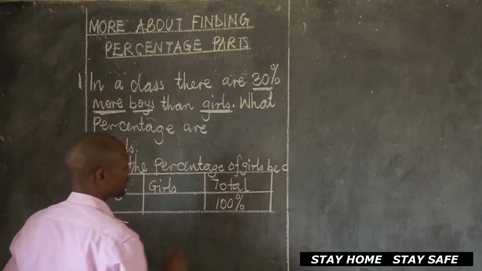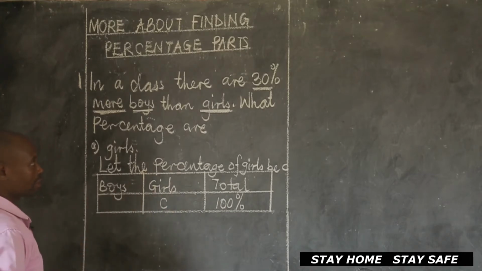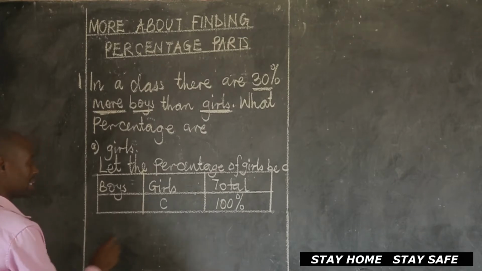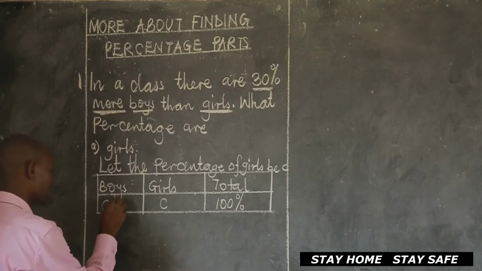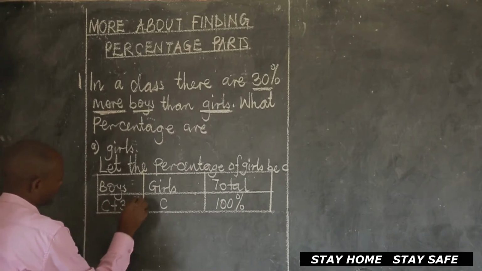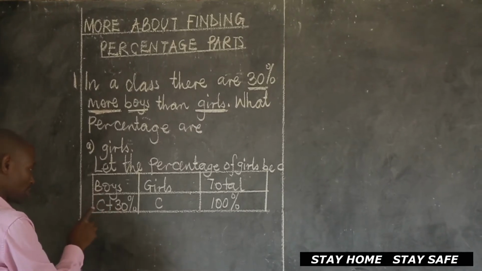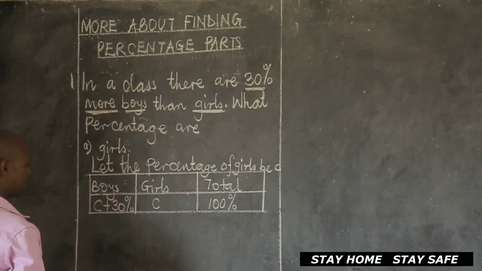I can use C. So if girls are C, what will boys be? Boys are 30% more than girls, so we have the percentage of girls, then we add on the 30%.